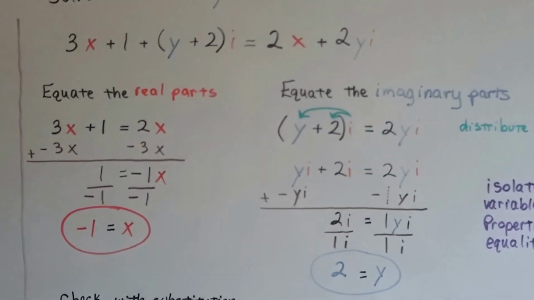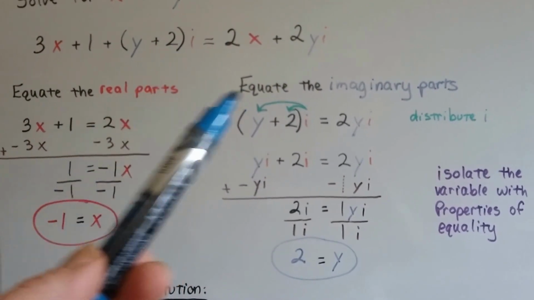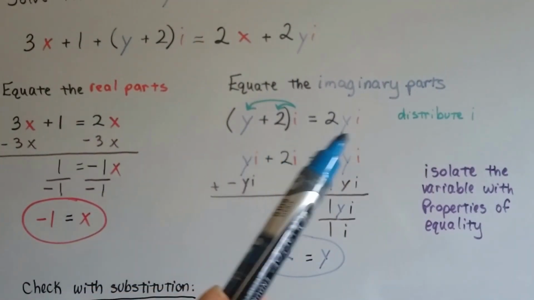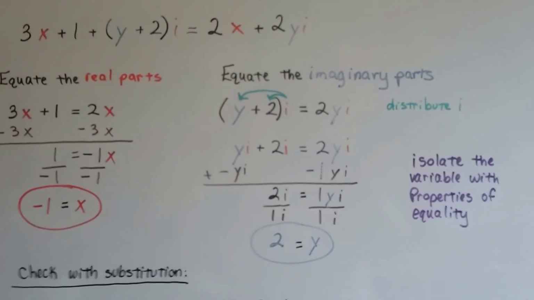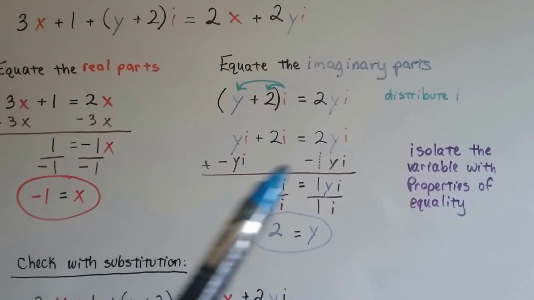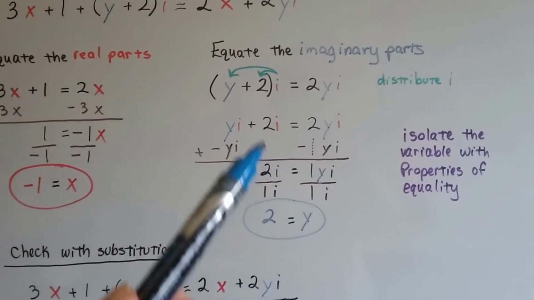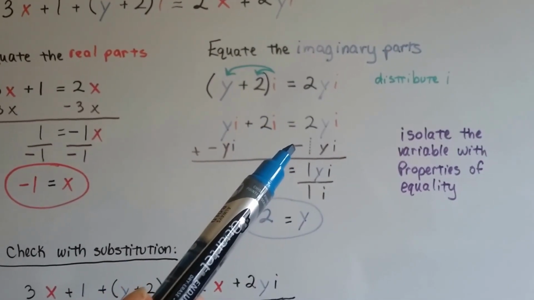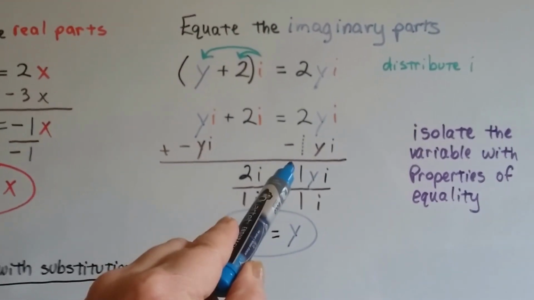Now we equate the imaginary parts. We've got y plus 2 times i equals 2yi. We distribute the i, and we have yi plus 2i equals 2yi. We isolate the y by adding a negative yi to each side of the equation, and we drop down our 2i here, and 2yi minus 1yi, because there's an invisible 1 here, isn't there?